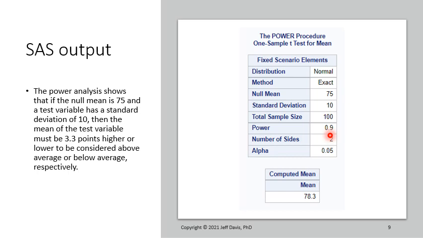So with the power analysis I have here, given a null mean of 75, a standard deviation of 10, a total sample size of 100, a 90% chance of avoiding a type 2 error, and a two-tailed test with an alpha of 0.05, under all these conditions I would need to observe a mean of at least 78.3 in order to reject the null hypothesis.